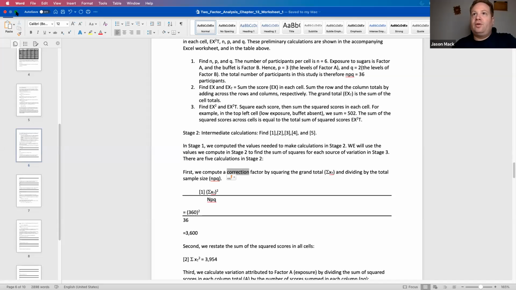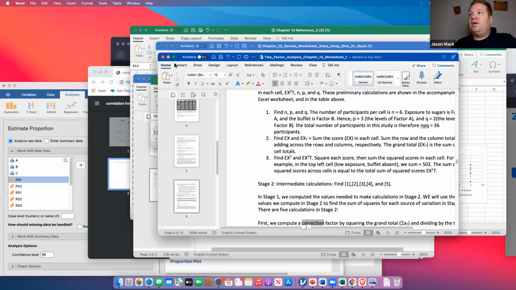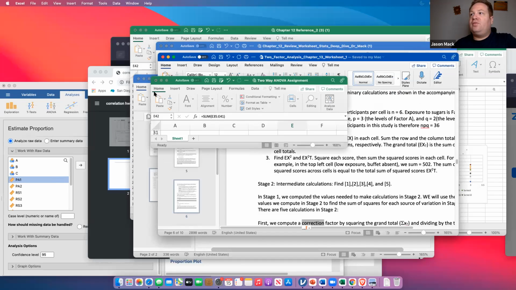So I think I pretty well explained what NPQ was, but that 360 squared, I'm getting that right from, let's just go in here in a smaller screen. And where is our Excel? I believe that's it right here.